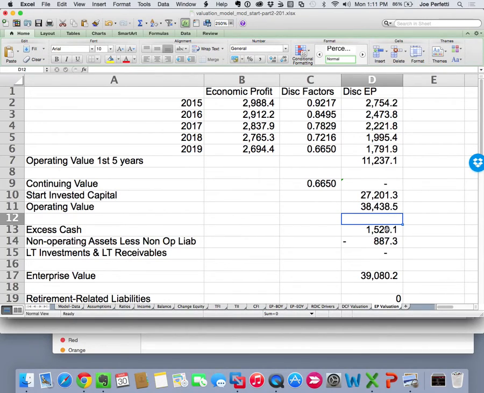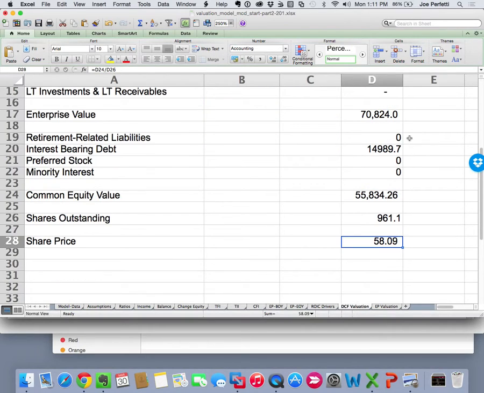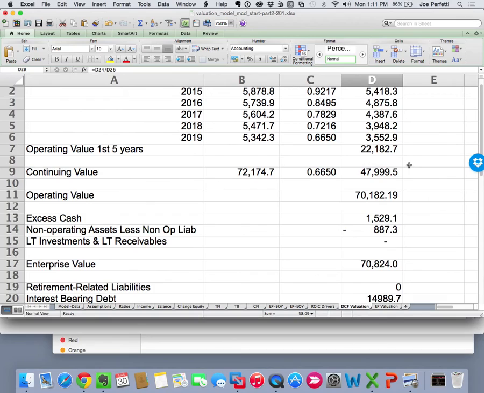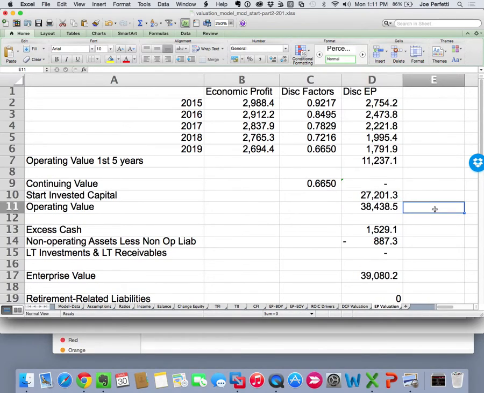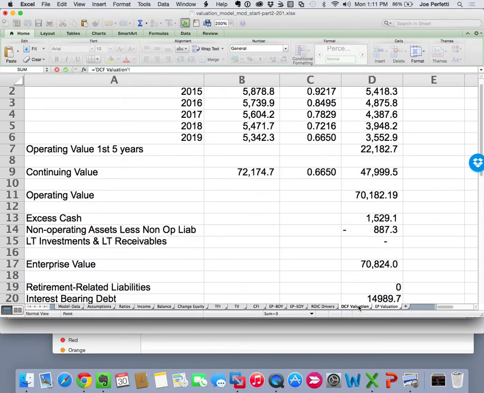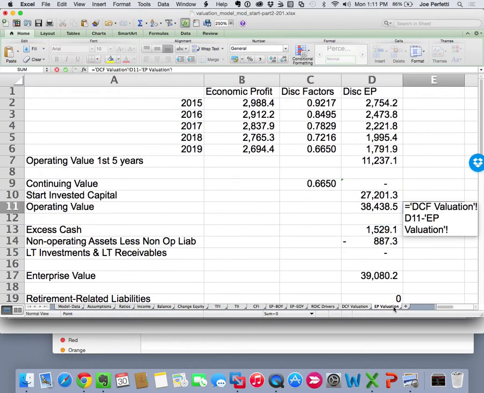So right now, 438.5. So what I now have to solve for is the correct continuing value. Now here's the thing. I know that I have to get the same value, so I know that the operating value eventually has to be that number. So as a way to make sure I have it right, I'm going to take from the DCF tab the operating value, and subtract from the EP tab the operating value.